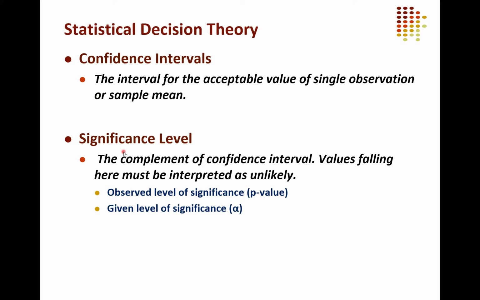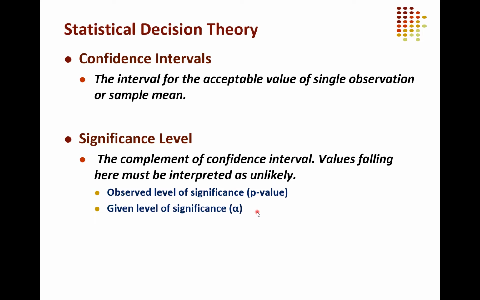Then we define the significance level, which is the complement of the confidence interval. The interval beyond the confidence interval is the significance level. Like, if 90% is the confidence interval, then the significance level would be 10%. So the values falling here must be interpreted as unlikely.